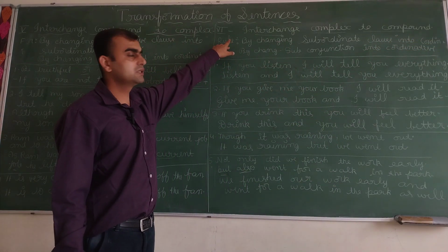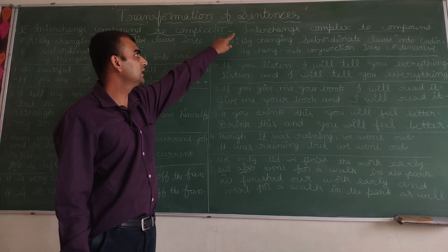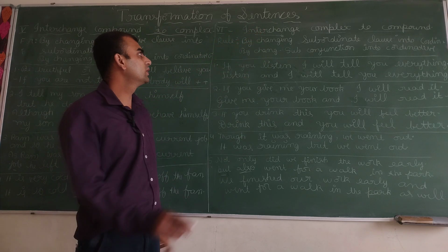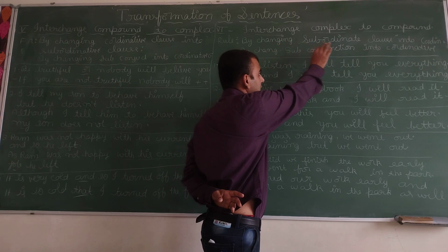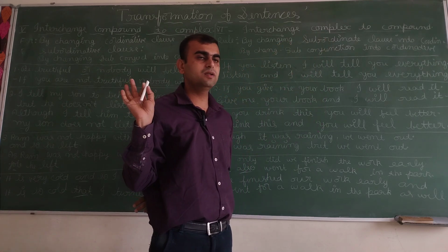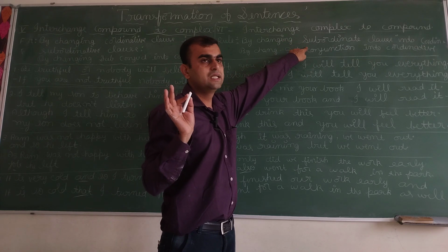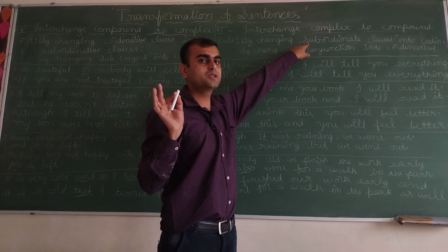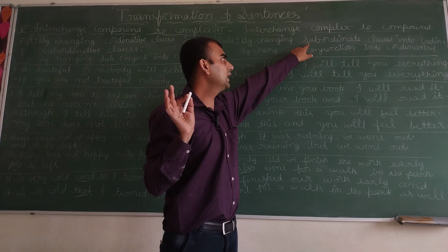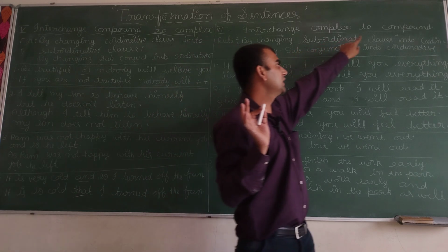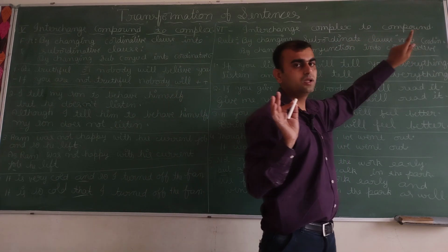First, let us take the rule for how to change a complex sentence into a compound sentence. First, by changing a subordinative clause into a coordinative clause. In a complex sentence, one or more subordinative clauses are there, and we have to change one subordinative clause into a coordinative clause.